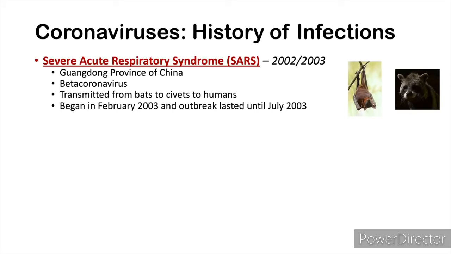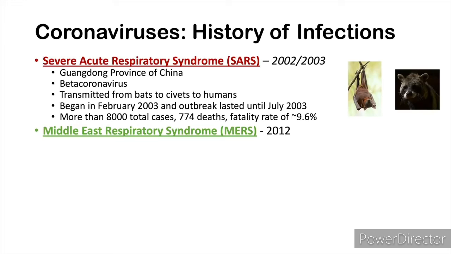This led to a worldwide outbreak, and the outbreak was recorded as early as February 2003, and it seemed to have lasted until July of 2003. There were more than 8,000 recorded total cases and 774 deaths, with a fatality rate of 9.6%. Another coronavirus outbreak was the Middle East Respiratory Syndrome, or MERS outbreak, which occurred in 2012. This started in Saudi Arabia, and it quickly spread to several countries.